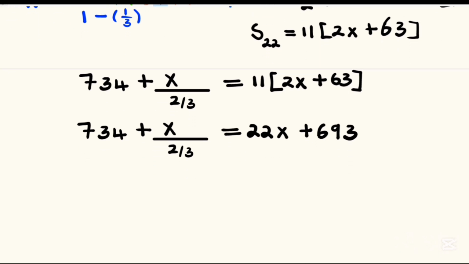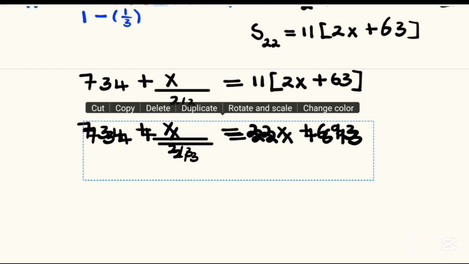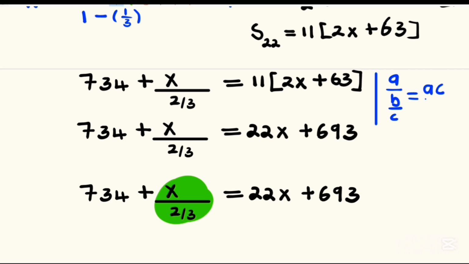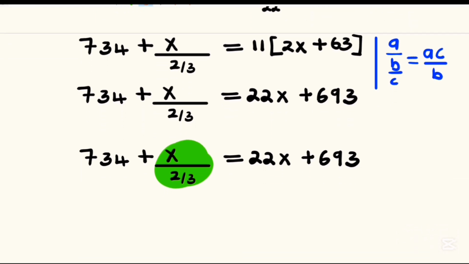And for this particular fraction, suppose that we had a divided by b divided by c. This will be equal to a multiplied by c divided by b. We replace this with 3 multiplied by x divided by 2.